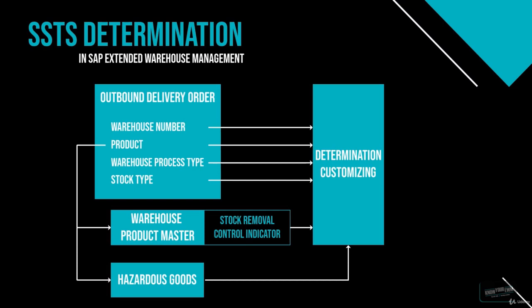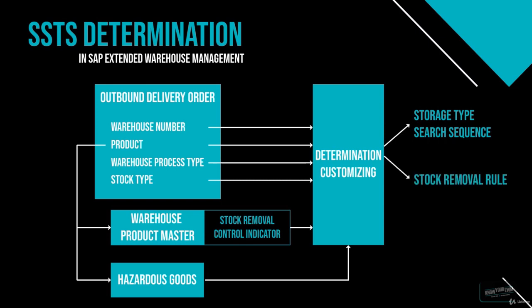And the result of that determination should be a storage type search sequence we want the EWM to use for searching for the actual stock, and the stock removal rule. What exactly that is, we are going to check out in the next episodes. And that is how this determination works. So let us have a look at how this is set up in the EWM customizing.